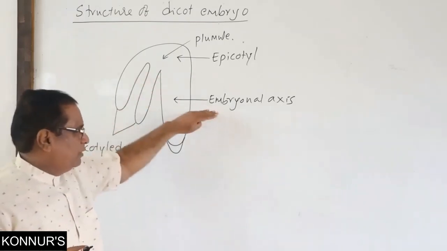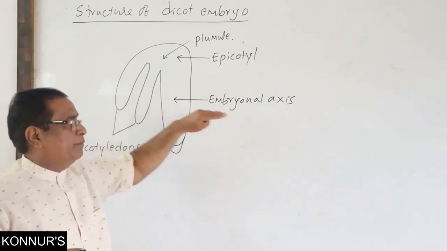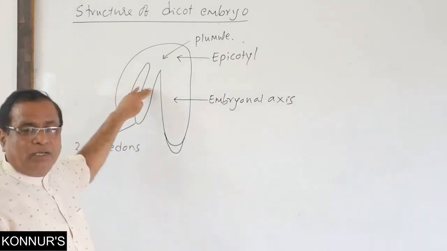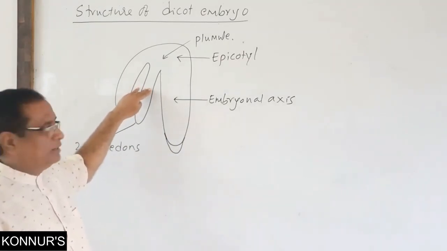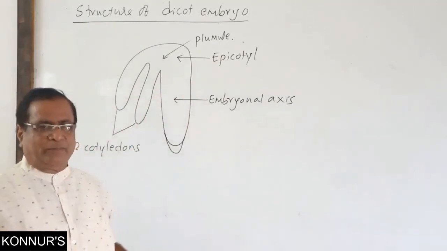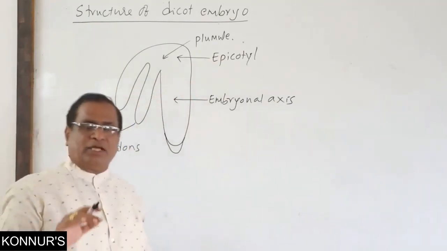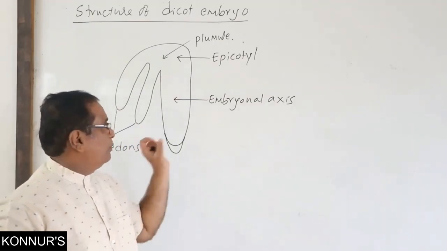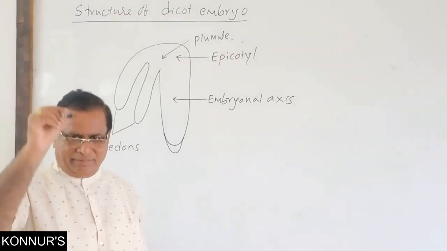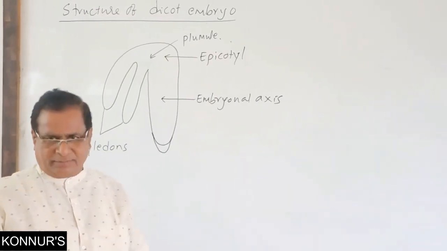A portion of embryonal axis above the cotyledons is named epicotyle. That epicotyle terminates with plumule, and from plumule the shoot system is developed.